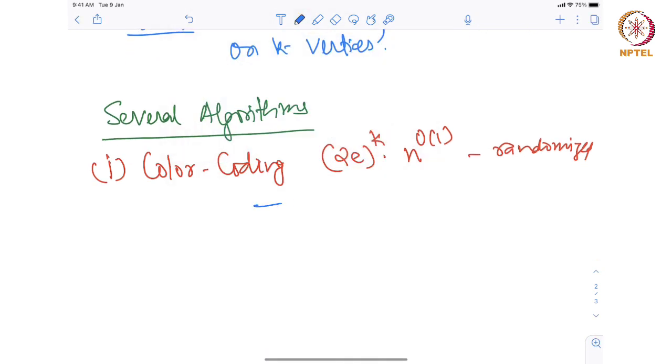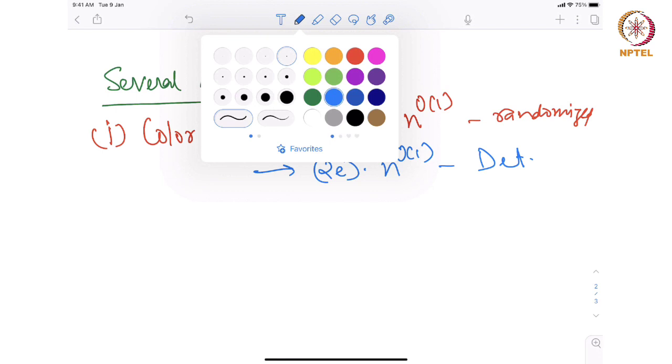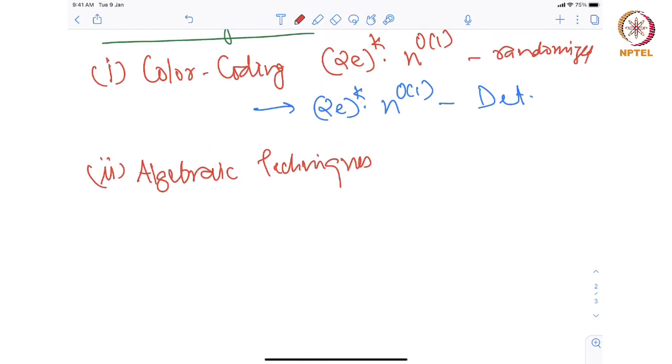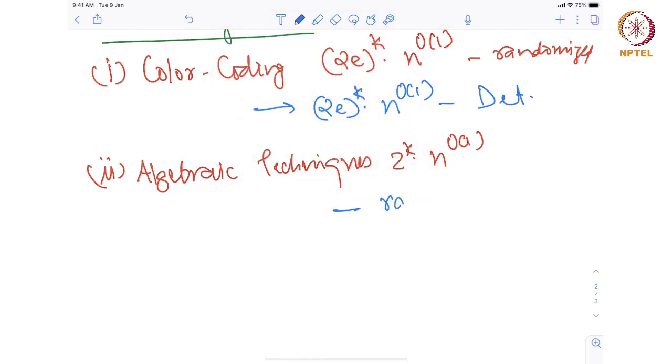So in fact, it is 2 e to the power k n to the power O(1), deterministic. And then last week of our lecture, we saw an algorithm based on algebraic techniques, with running time, if you recall correctly, 2 to the power k n to the power O(1). And this algorithm was randomized.